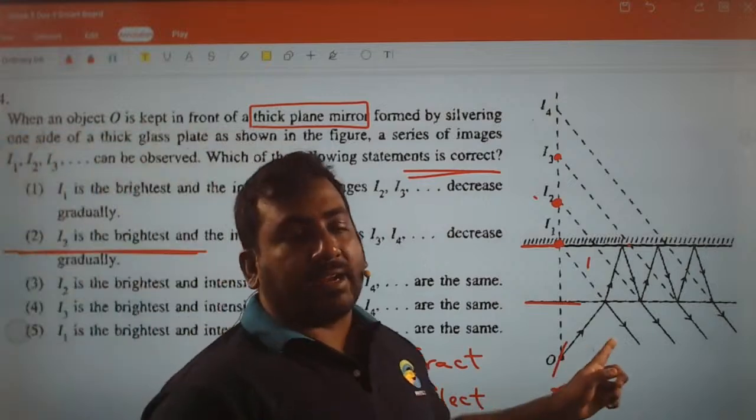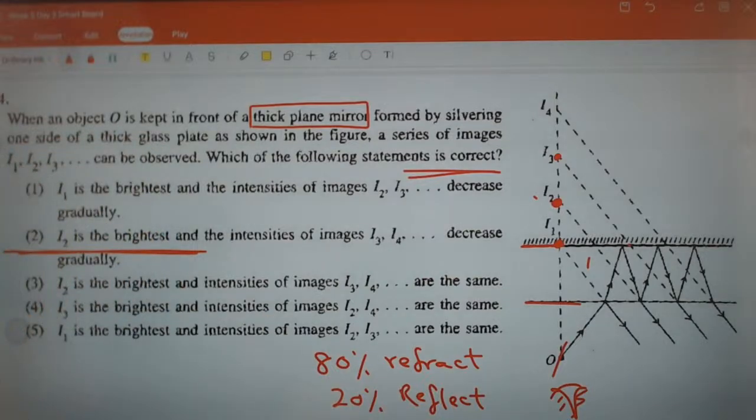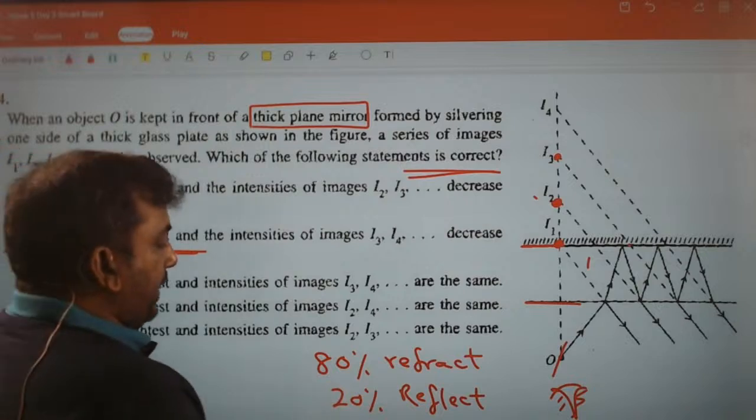Generally when light rays travel from a medium, 80% of the light rays will refract, while 20% of the light rays will reflect.